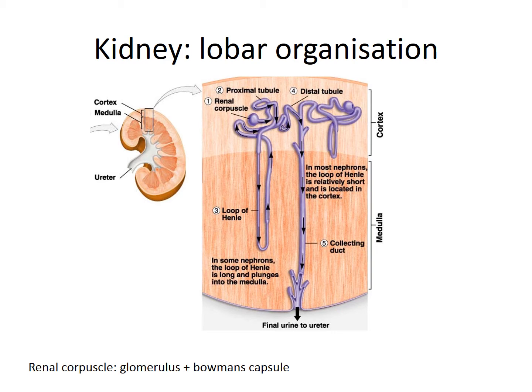And then that proximal tubule leaves the cortex and now enters the medulla as a tubule that forms a loop. It's called the loop of Henle, where quite a lot of water reabsorption is taking place, and goes back up into the cortex, where we've got the distal tubule, which is convoluted again.